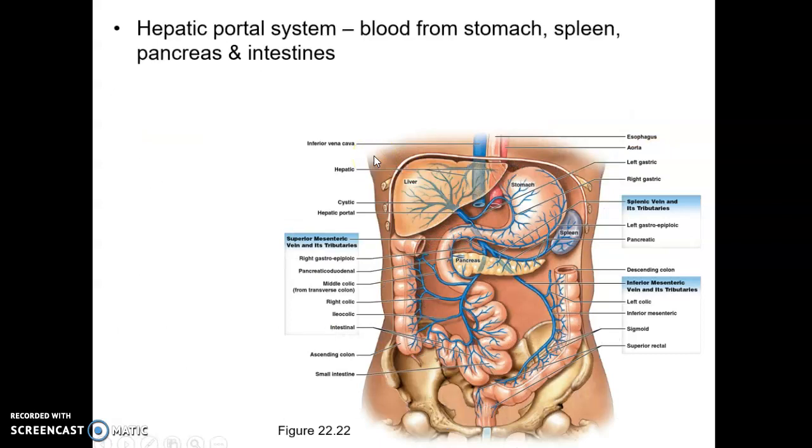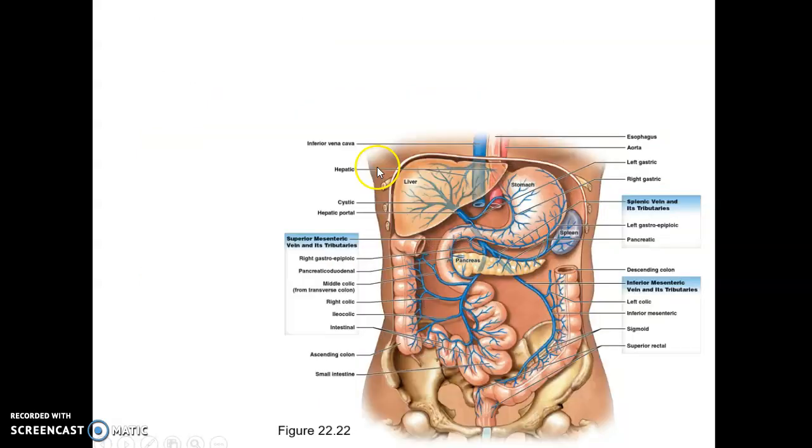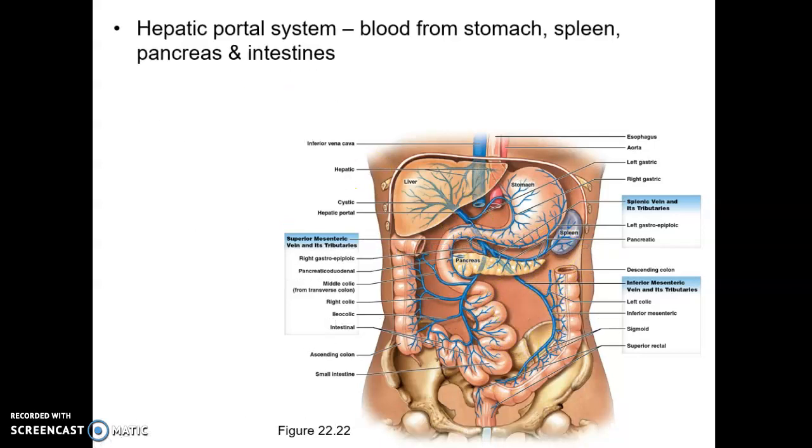Again, hepato for liver. And so that's the arterial blood supply. Now, the liver, in terms of dealing with the nutrients absorbed from the digestive tract, has what's called the hepatic portal system.